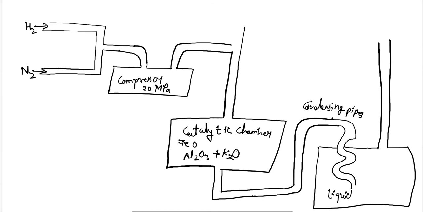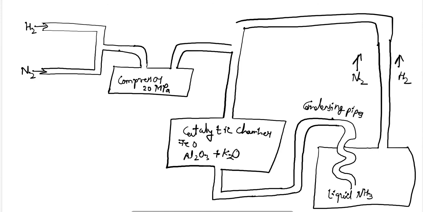We supply this nitrogen and hydrogen back to the input of the nitrogen and hydrogen gas at the compressor chamber. In this way the nitrogen and hydrogen gas will again be available to the process. So this is the Haber's process for the preparation of ammonia, and this is generally used in industries.